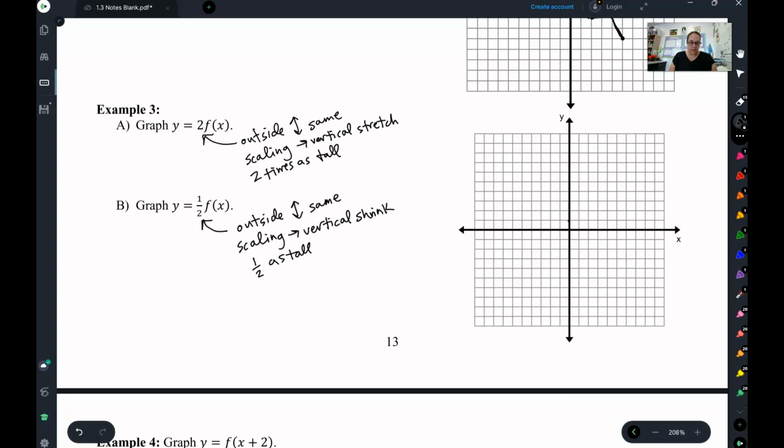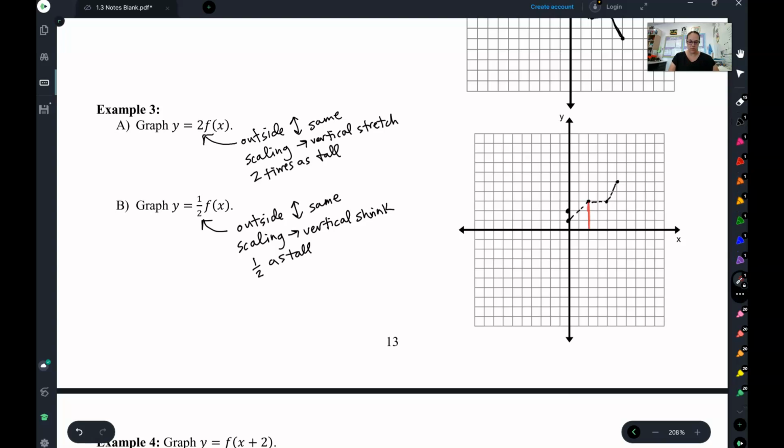So let's take our dashed line here. And let's do A first. So we want it to be 2 times as tall. So essentially what that means is we're going to take the distance to the x-axis and times it by 2. So this point is 1 away from the x-axis, so times that by 2, now it's going to be 2 away.